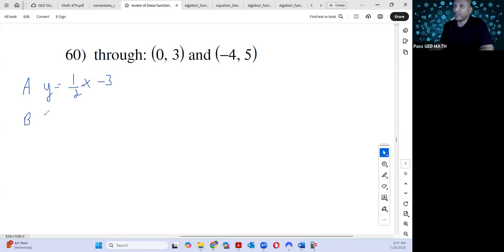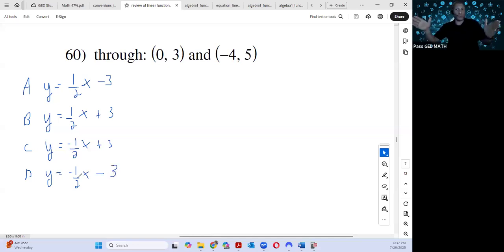I'm going to say B, y equals 1/2 x plus 3. I'm going to say C, y equals negative 1/2 x plus 3. D, I'm going to say y equals minus 1/2 x minus 3.